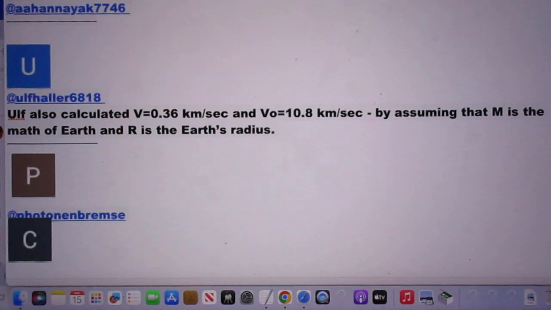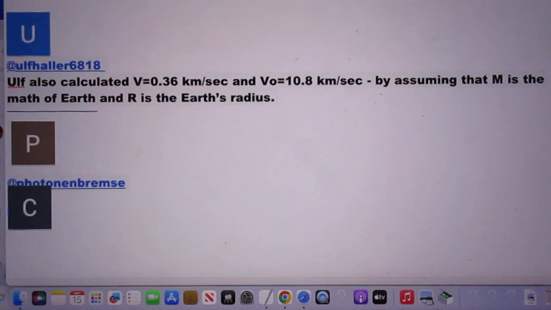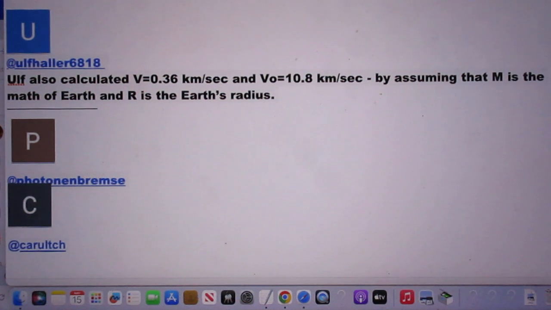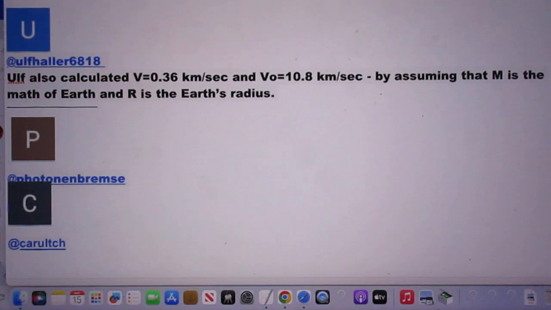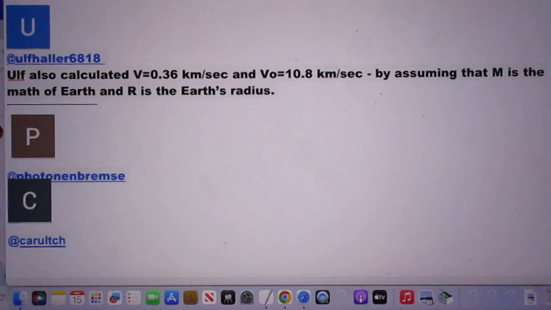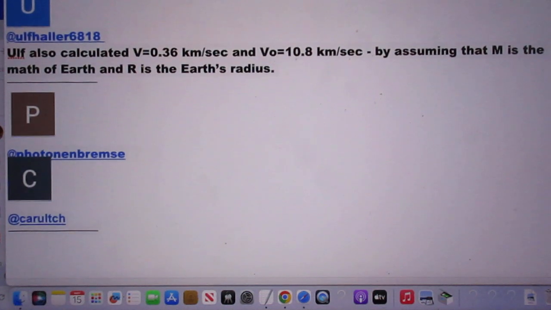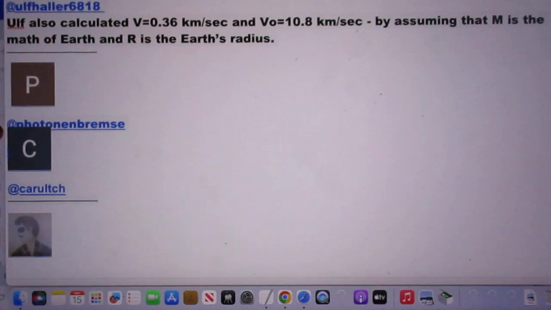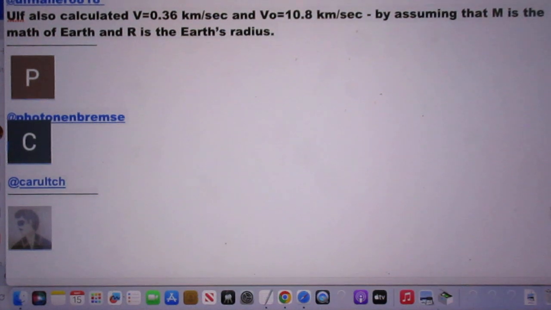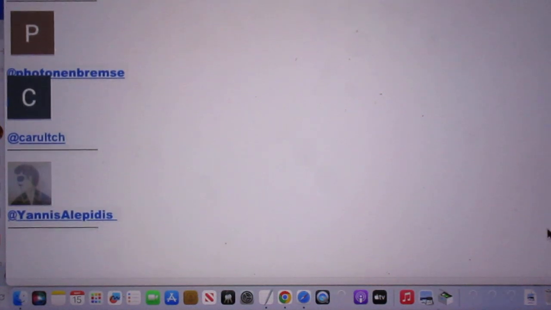Of course, I didn't give you m and r, but it's nice that he added this, pointing out that if you knew m and r, you could also calculate V0 and V. Photonenbremse. Carlroach, he often has things right.